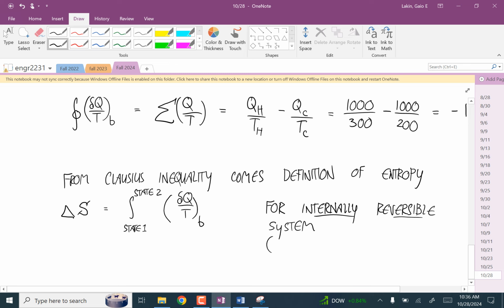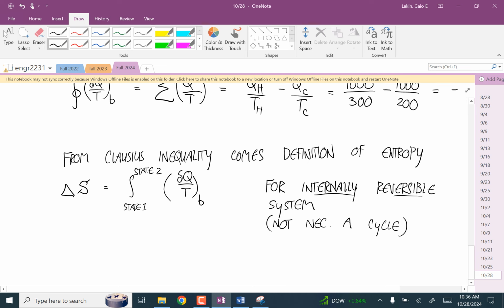And in parentheses, I'm going to say now it's not necessarily a cycle. Okay, so this is the definition of entropy.